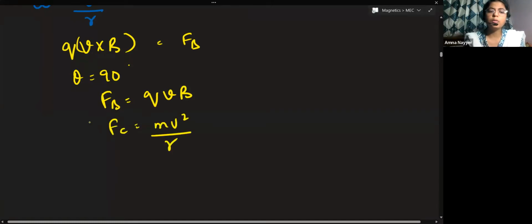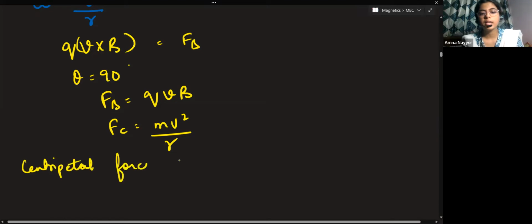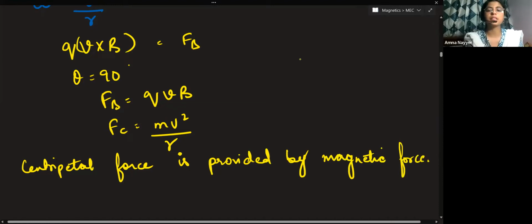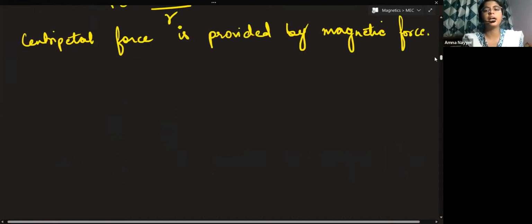What do we see? That the necessary centripetal force is provided by the magnetic force. So I can equate both these equations. So qvB is equal to mv square divided by r.